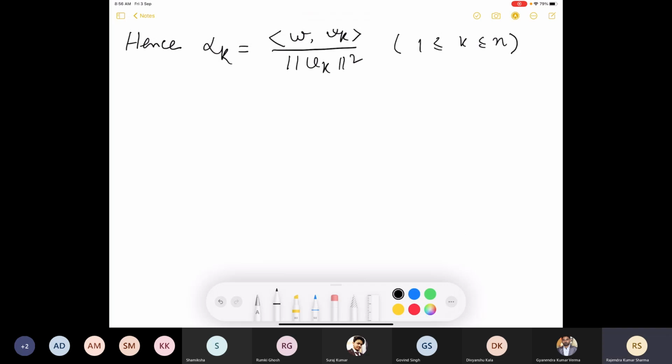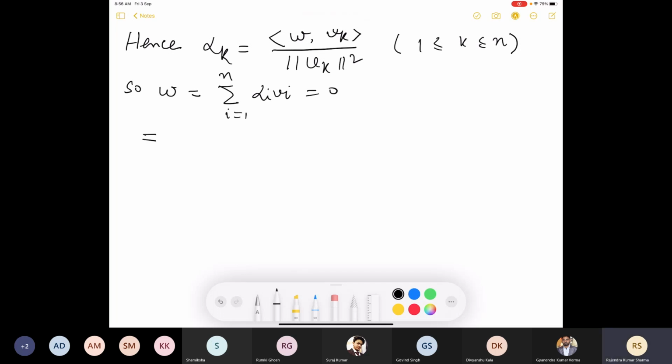Now if the linear combination is 0, what do we want to prove? That if the linear combination of alpha i Vi is 0, then each alpha must be 0, so that they are linearly independent. So suppose the linear combination, the sum of alpha i Vi for i from 1 to n, is 0.